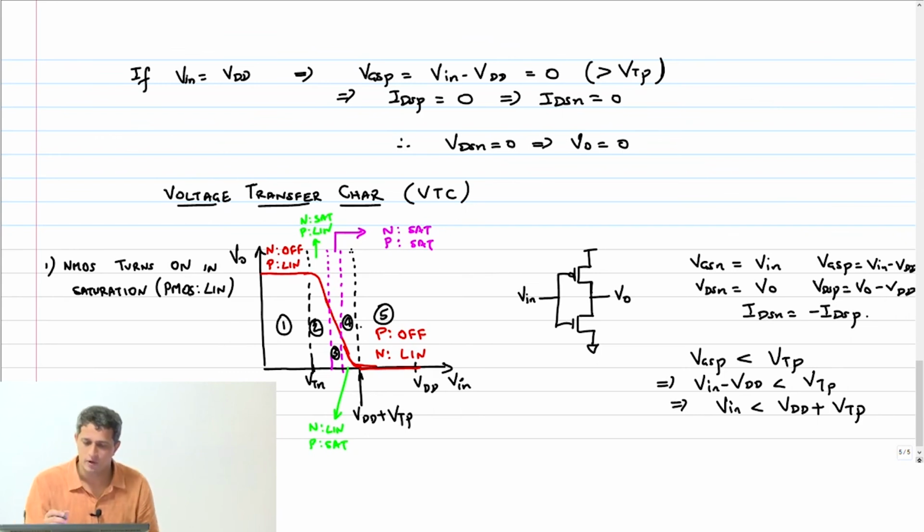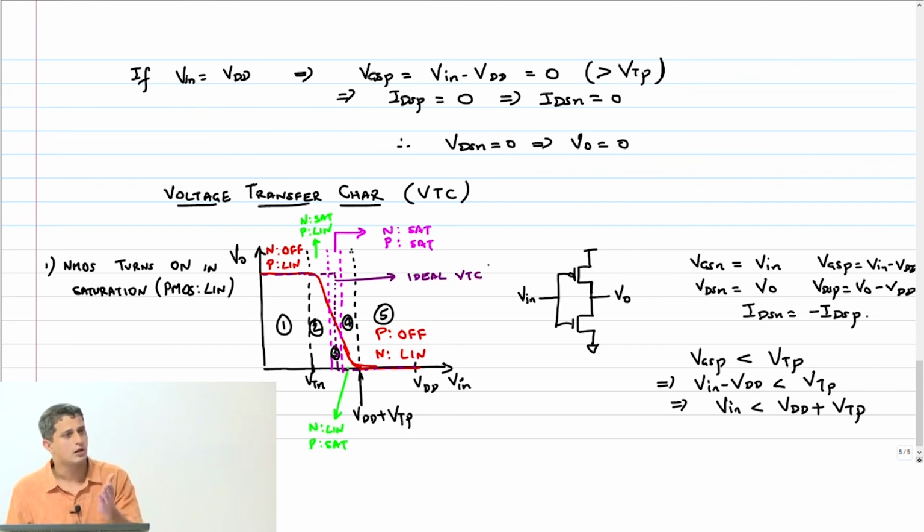Sharp line, right? We wanted the ideal VTC to be something like this. Basically up to this point it will be VDD and then it will just drop. So this was the ideal VTC.